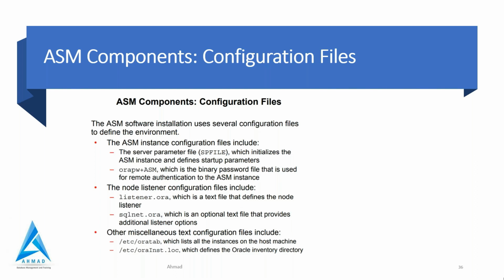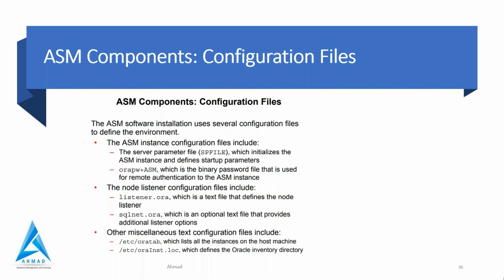The text and binary versions are mutually exclusive for startup. The other file used to configure the instance is the binary password file, called orapw+ASM, which I said is used for local and remote authentication from ASM clients.